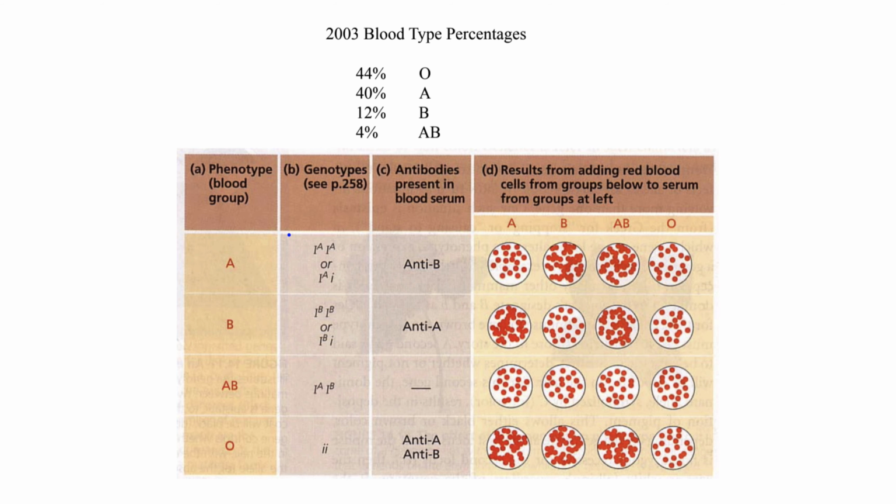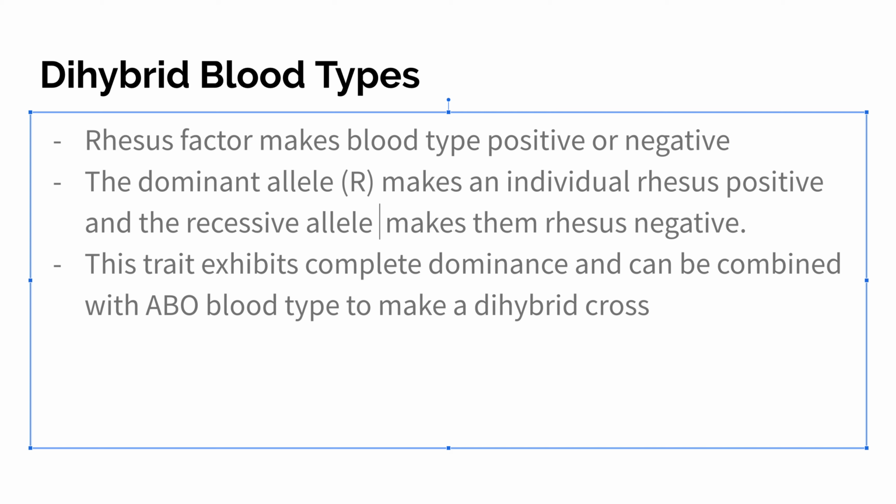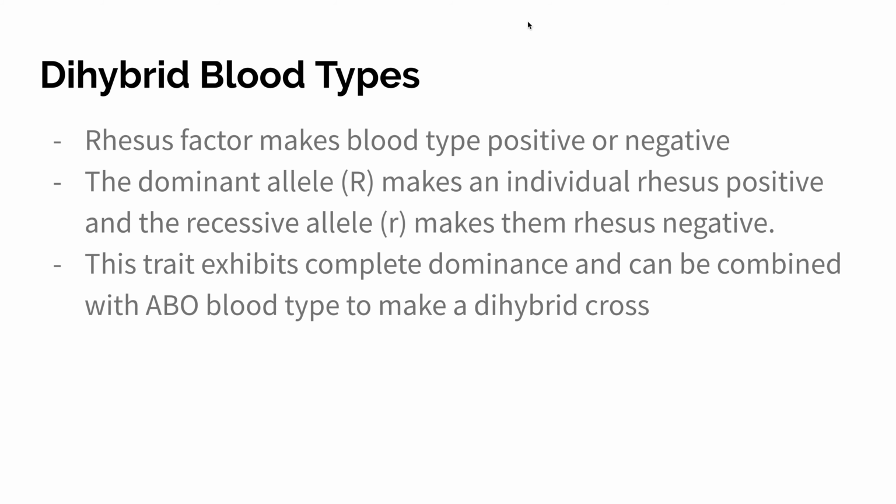So now that we've mentioned rhesus factor, we might as well talk about that too. Rhesus factor is what makes your blood type positive or negative. If you have rhesus factor, you have positive type blood. If you don't have rhesus factor, you have negative type blood. So the dominant phenotype is the positive, which is just big R, and the recessive phenotype is the negative, which is little r.